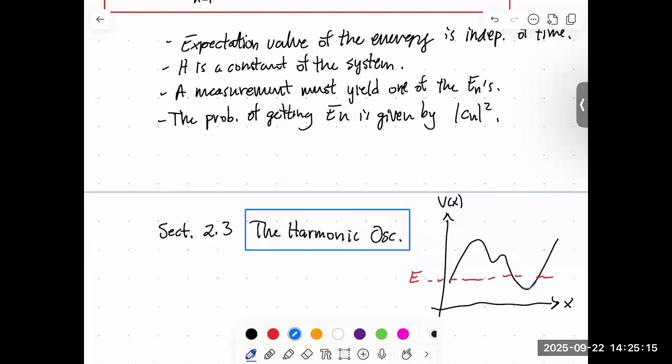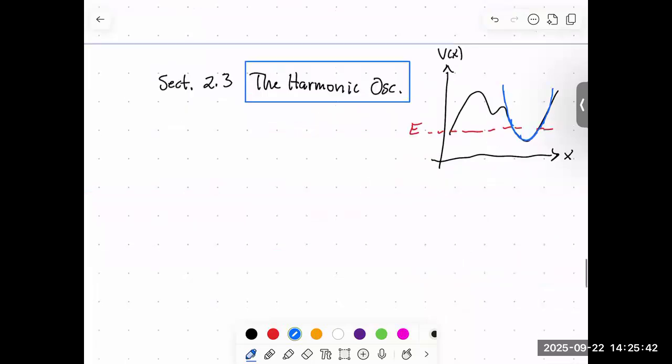As long as I'm interested only in a narrow range of x values close to this minimum, this potential could be arbitrarily complicated, but over here, it looks like a quadratic. And so the system's going to behave like a harmonic oscillator. And so the harmonic oscillator shows up over and over and over again.